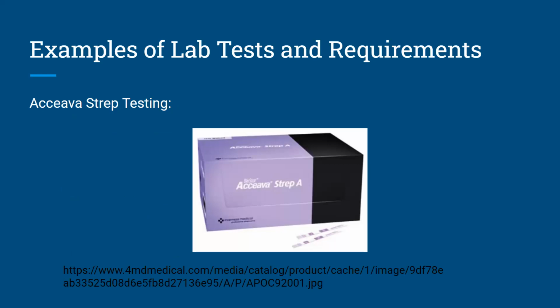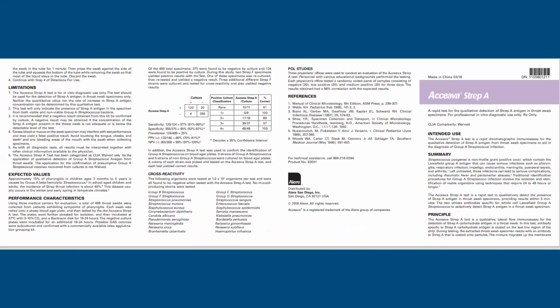So Acceava strep testing, this type of test has a dipstick in its testing component, and I'll show you in a minute the picture of the different testing components there. So this is what a package insert may look like. This is an unfolded copy of what would be included in that box. It'll tell you a summary of the testing, the principle of the test.